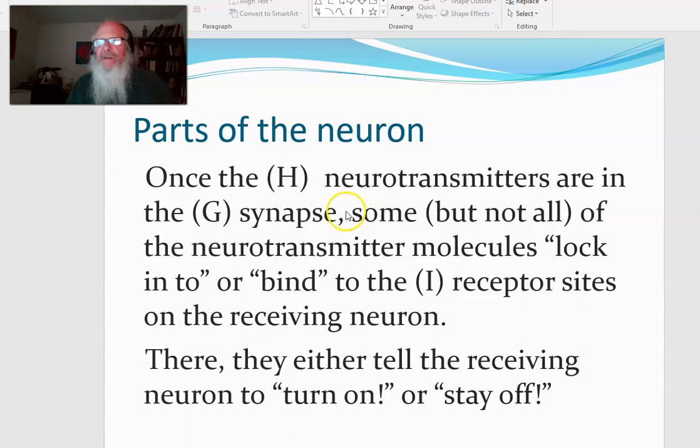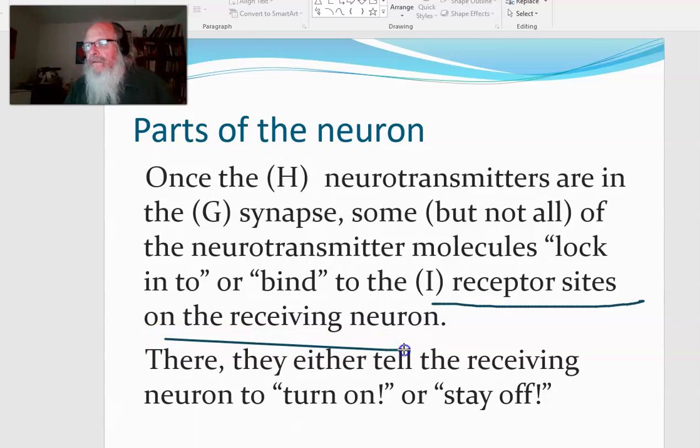Once the neurotransmitter chemicals float out into the synapse, some but not all of the neurotransmitter molecules lock into, or bind to, receptor sites on the receiving neuron.